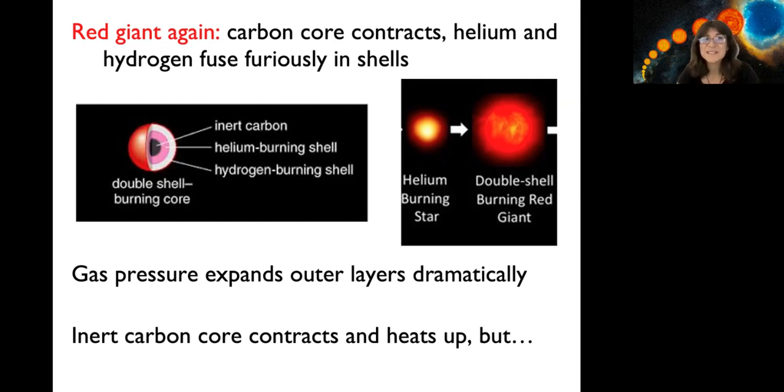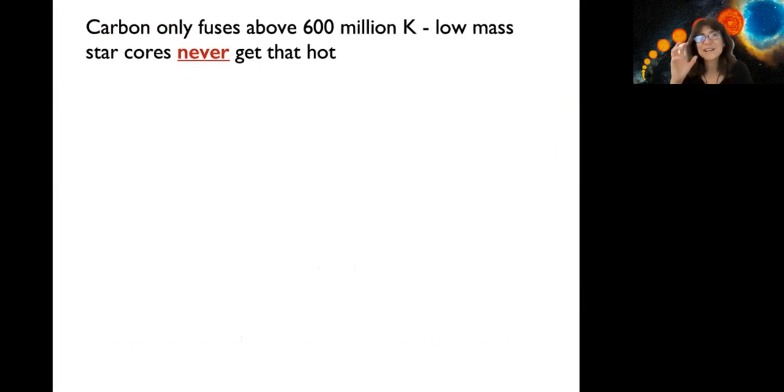And the problem is that you would have to get that core to be above 600 million Kelvin. I mean, remember again, right? The sun or stars like the sun started off with a core that was about 10 million Kelvin. So to get to 600 million, it just doesn't happen. Low mass stars can never compress gas enough to get it to that temperature.